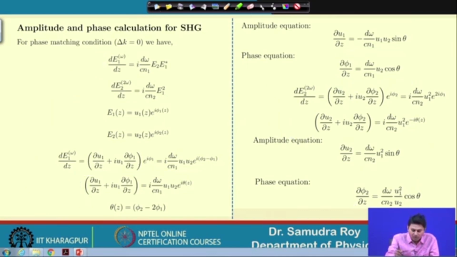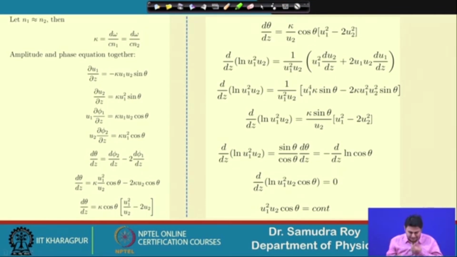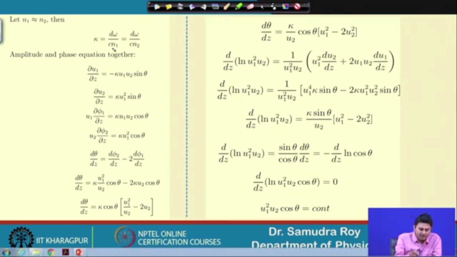After doing all this calculation, when we extract the amplitude and phase equations together, the next thing we can do is use this. Now, if n1 and n2 are very close to each other, we can write d omega over c n1 and d omega over c n2 as very close to each other, and we write it as a general coefficient kappa.